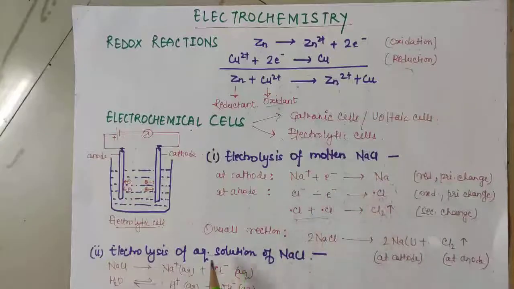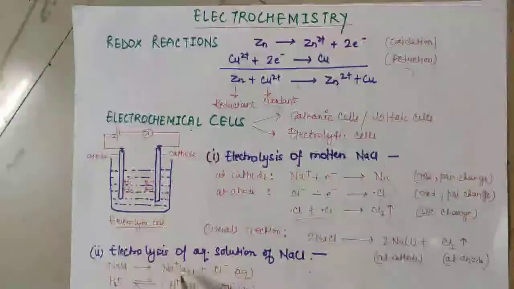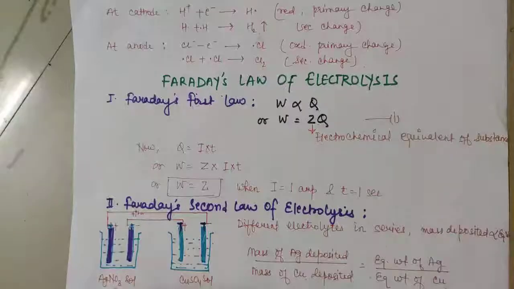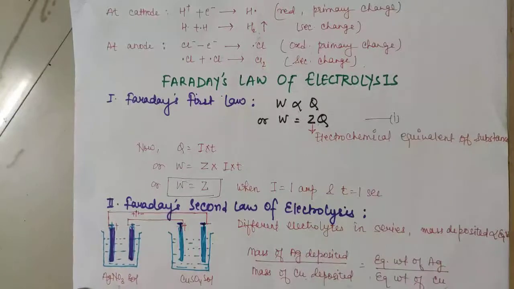But if we take aqueous solution of NaCl, there are two types of cation and two types of anion: sodium ion and hydrogen ion, and chloride ion and hydroxide ion. Now these ions in the solution will compete with each other, and the ion that has low discharge potential will be discharged at the electrode.